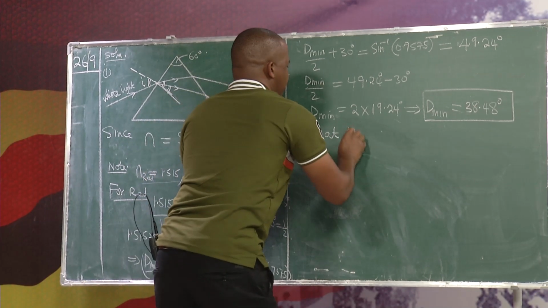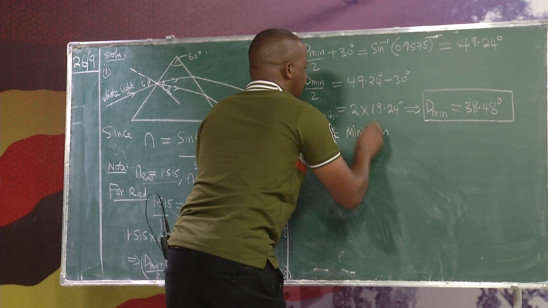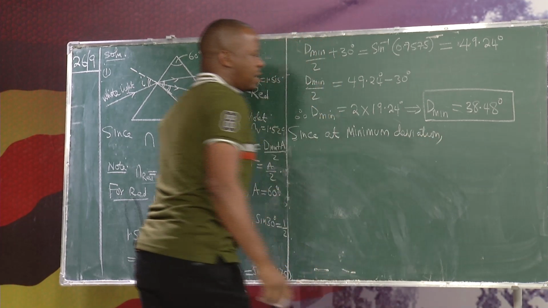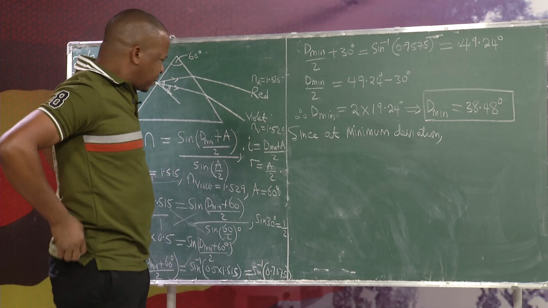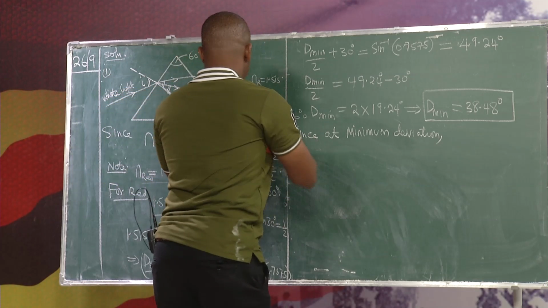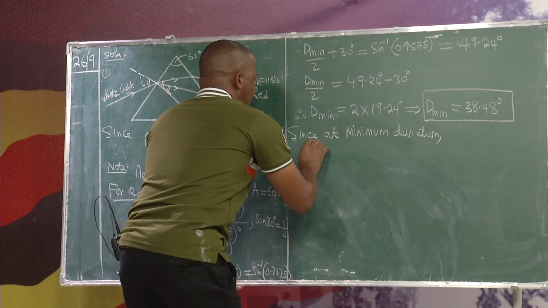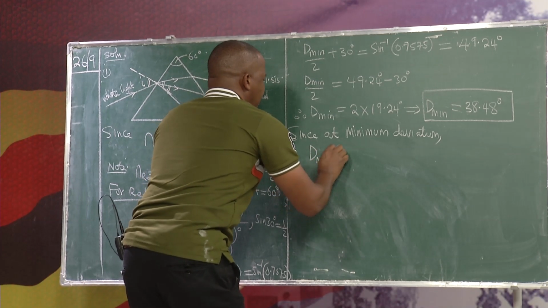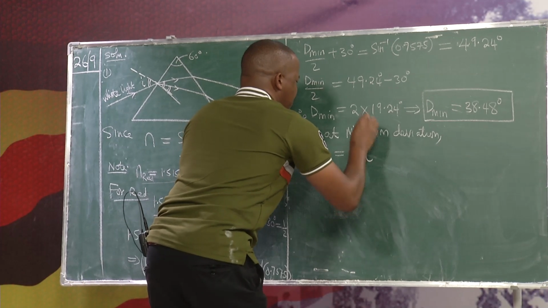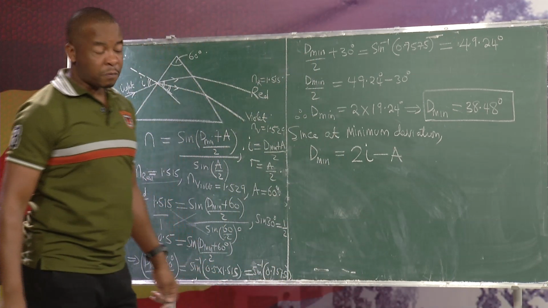At minimum deviation, I already told you that the value of our angle of incidence at minimum deviation, our D min, is always obtained when 2 times the angle of incidence minus the refracting angle is possible.